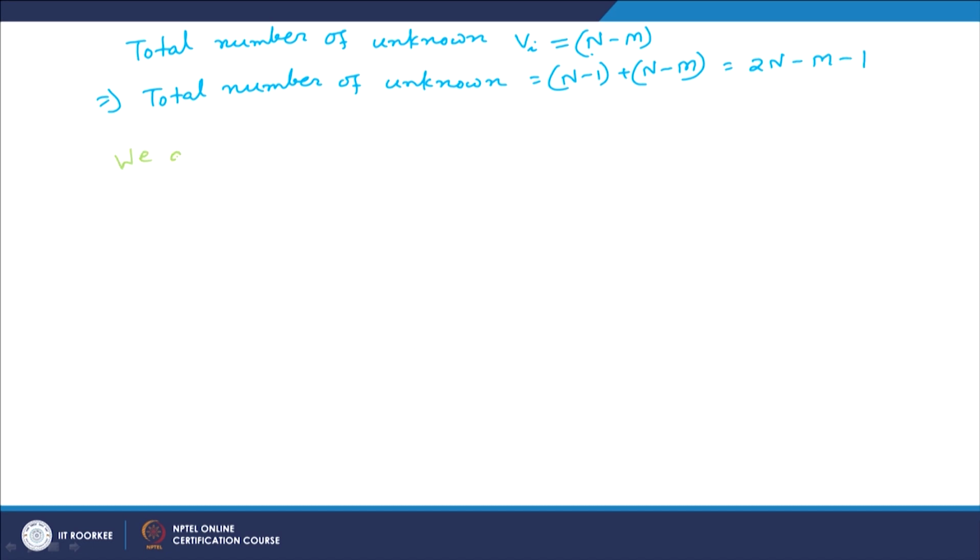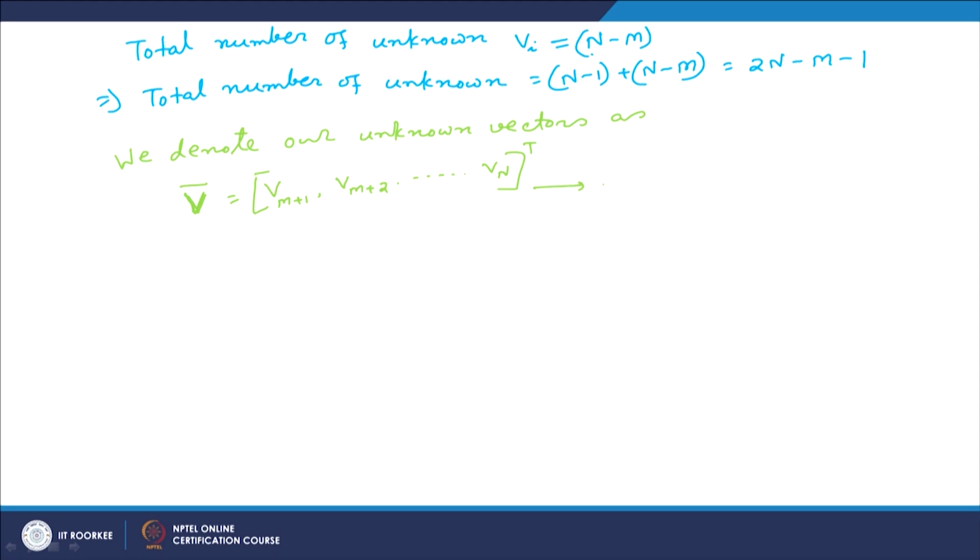Now, we denote our unknown vectors. This is an unknown vector V, and the unknowns are V m plus 1, V m plus 2, up to V n, transpose.